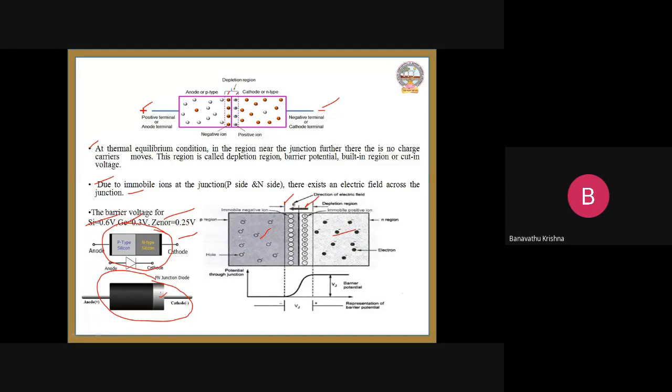This mark represents negative. The side where this mark is available is the cathode, and the remaining side is the anode. So the side where the mark is available, you have to identify that terminal as the negative terminal, which is called the cathode. Okay, next.